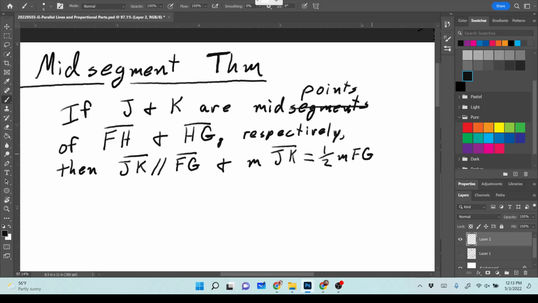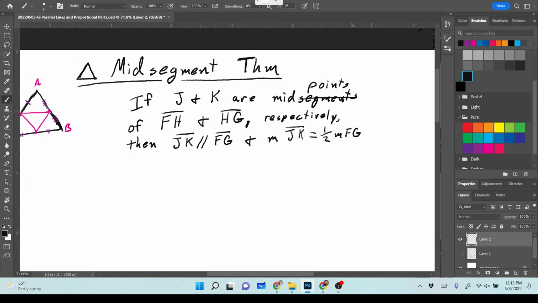Let's draw the picture so we can know what is happening, right? So if we have this triangle FGH, and J is the midpoint of FH, which means that this and that are congruent, right?